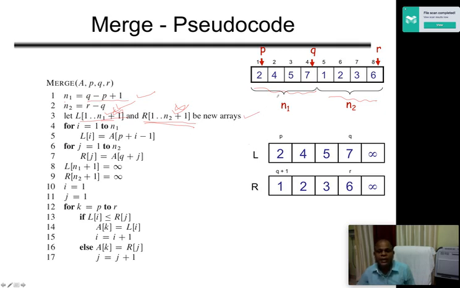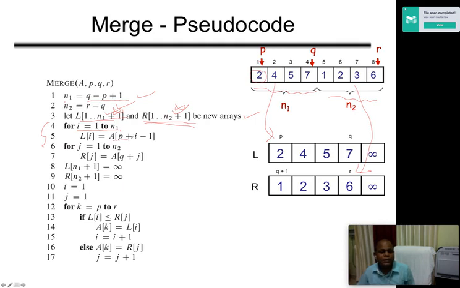Now this element will go to the left subarray and this element will go to the right subarray. For taking elements into the left subarray, for i = 1 to n1, L[i] = A[p + i - 1]. That means for i = 1, it is A[p + 1 - 1], that means this element.